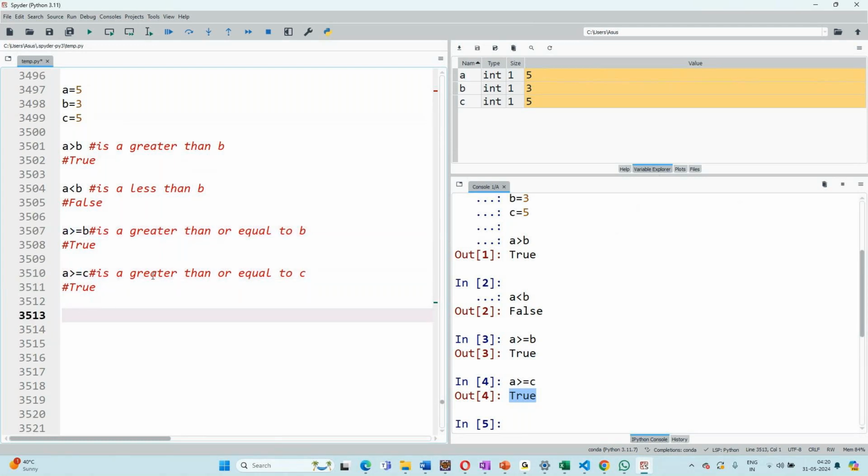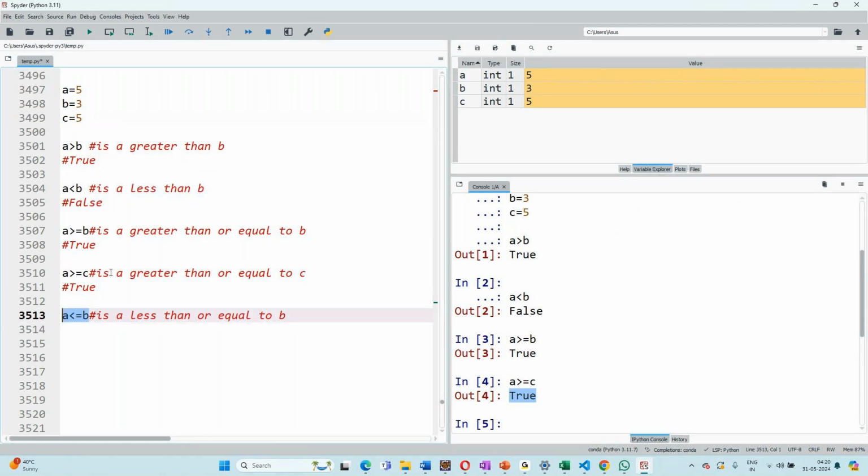And then a less than or equal to b. So now the question is, is a less than or equal to b?